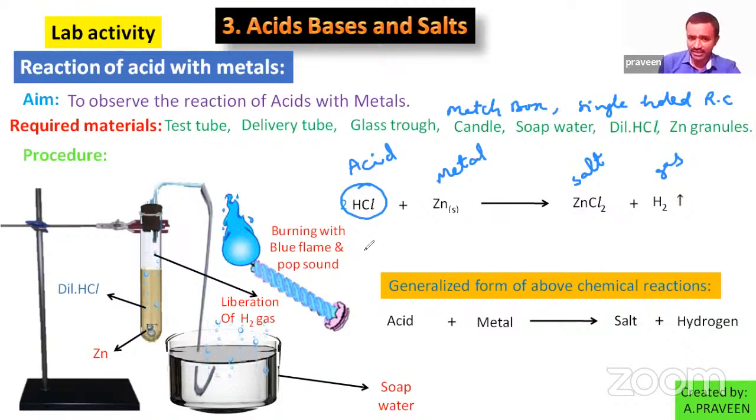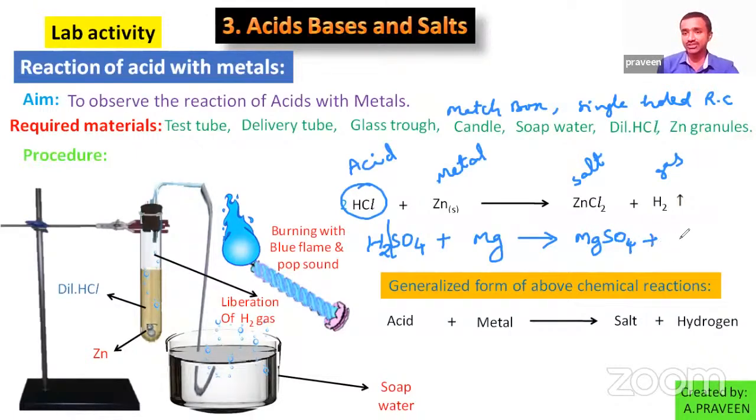Whatever you are taking, suppose instead of HCl you take sulfuric acid, and suppose the metal Mg is taken. So I am changing two compounds. Then it gives MgSO4, magnesium sulfate, and it liberates the gas hydrogen.